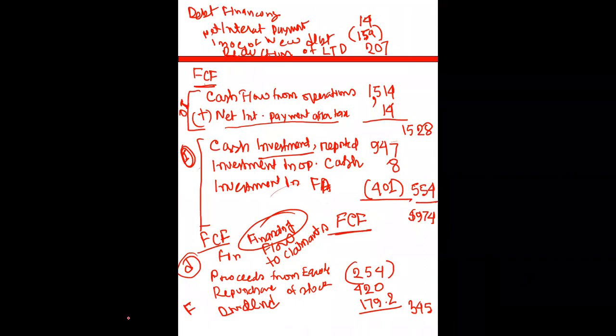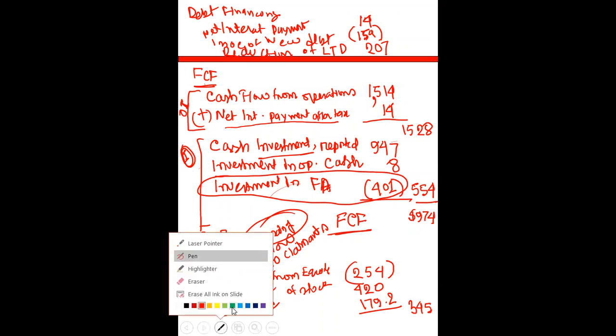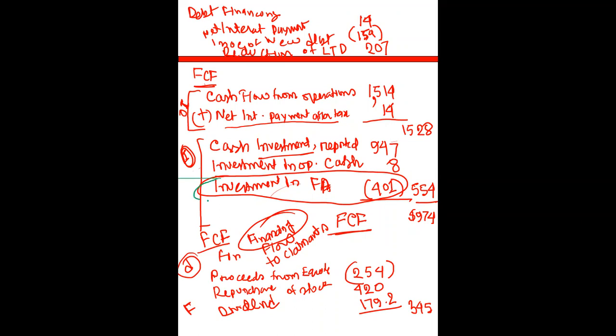Okay, let me move with this. Can you recall that what you did here? Investment in financial asset. What you did? You separated it out from here, from the investment in operations.